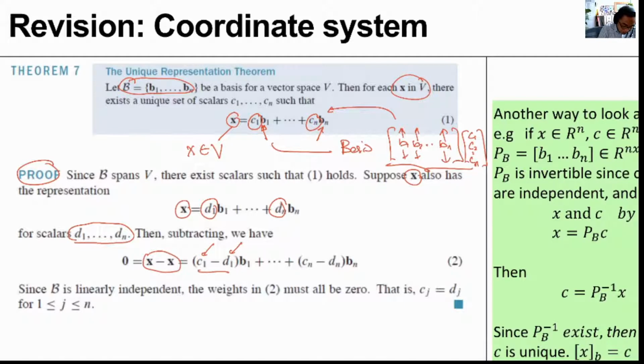So basically we will get this equality. And remember that since the b's are independent, to get the zero vector, each coefficient must be 0, implying that c1 equals d1. And that is the proof.